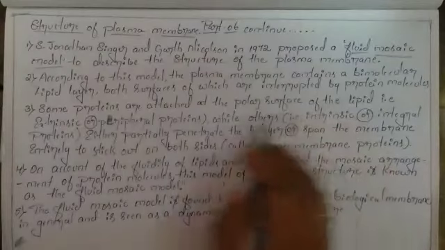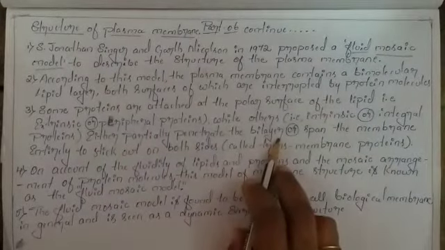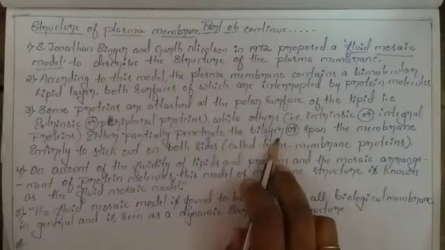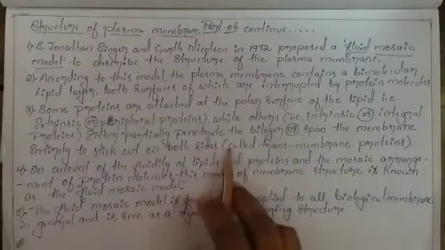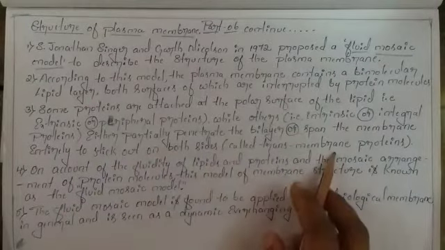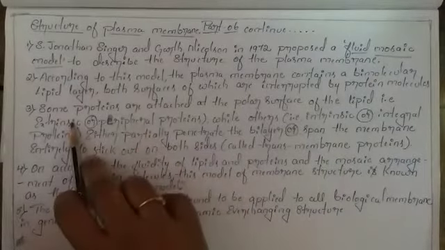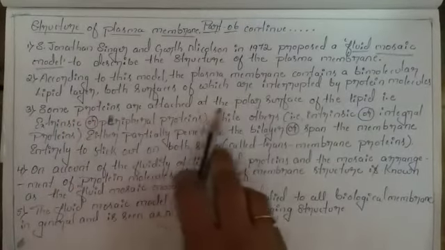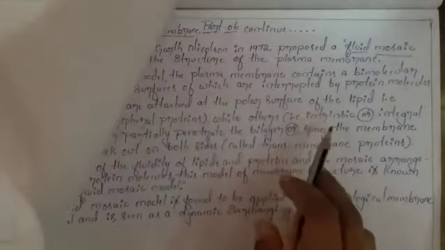Intrinsic means it is present inside. This is called the intrinsic or integral protein. They either partially penetrate the bilayer, meaning half of it is penetrated, or span the membrane entirely to stick out on both sides. These are transmembrane proteins. I'll repeat once again: some proteins are attached at the polar surface of the lipids.